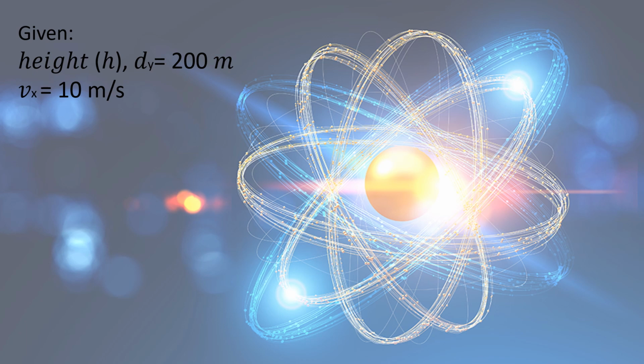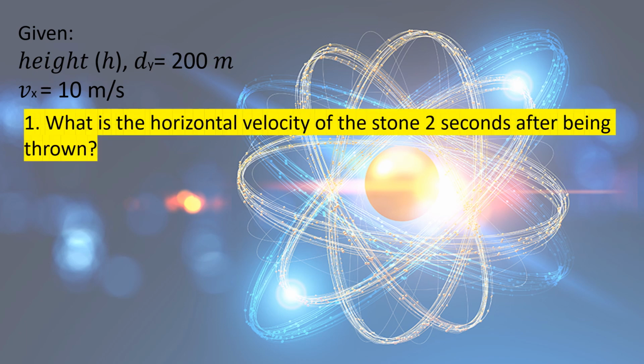So here are the givens of our problem. Height, which is the distance of the tower, the distance on the y-axis, is 200 meters, and Vx, the velocity in the horizontal dimension, is 10 meters per second. First question, what is the horizontal velocity of the stone 2 seconds after being thrown?